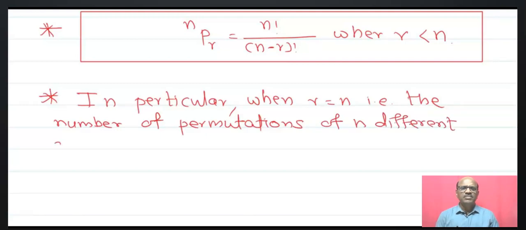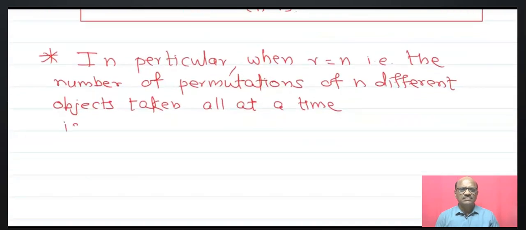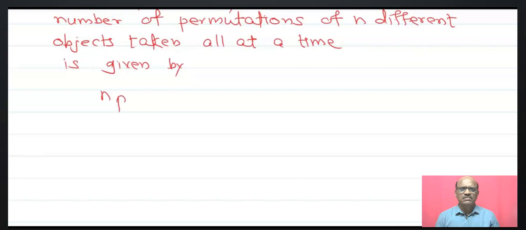That is, the number of permutations of n different objects taken all at a time is given by nPn, that is n factorial.